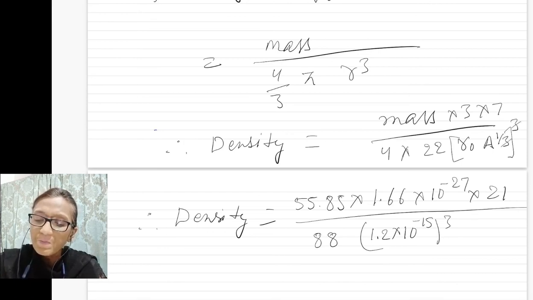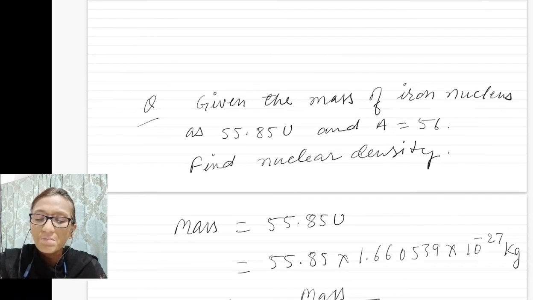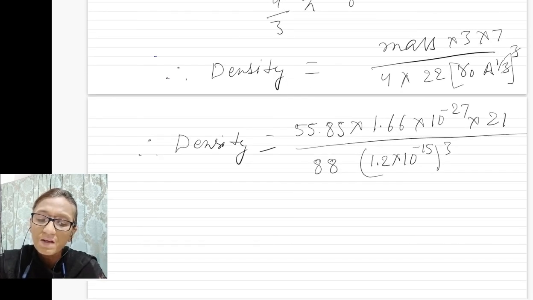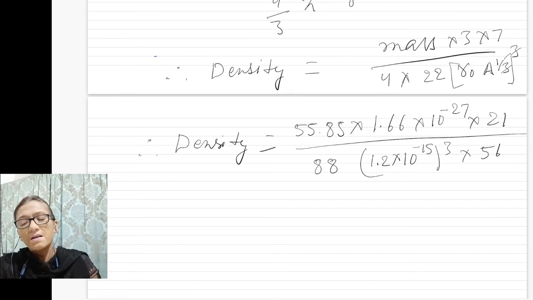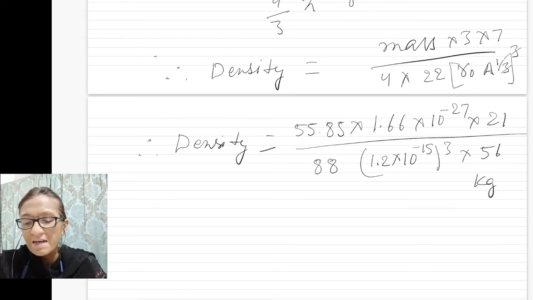And A, here the power will be cancelled, and mass number it is given 56. So now you have all the numbers here. You can simplify this, and the unit will be kg per meter cube.